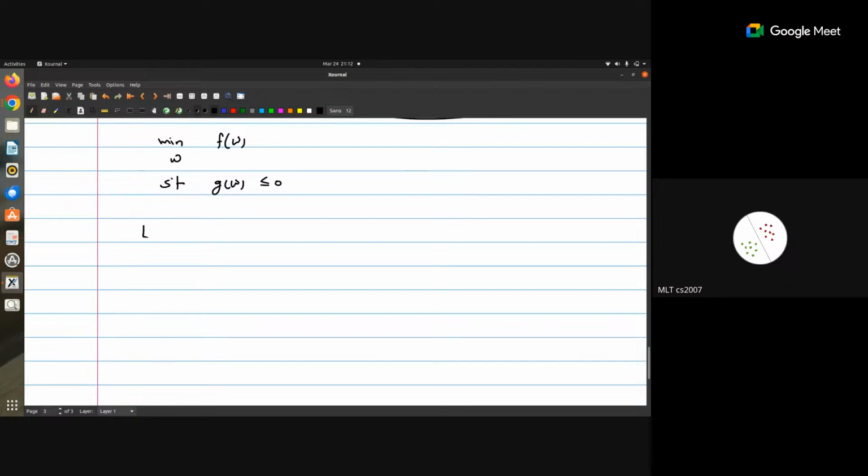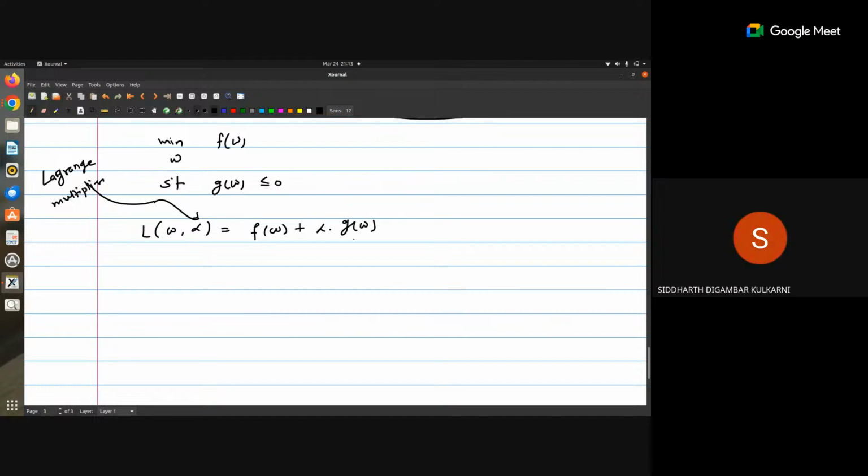How will this Lagrangian function look for this part? L of w and alpha is f of w plus alpha times g of w, where alpha is the Lagrangian multiplier. So this will be f of w as it is, the objective function, plus alpha times g of w, right?